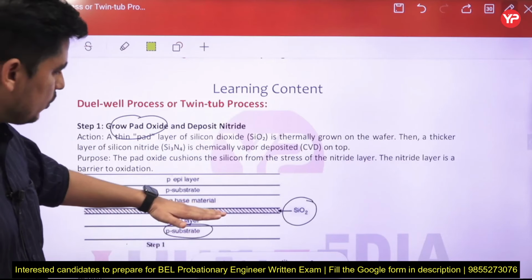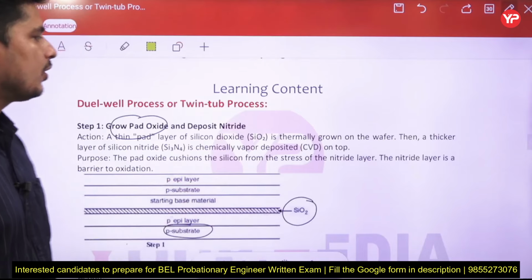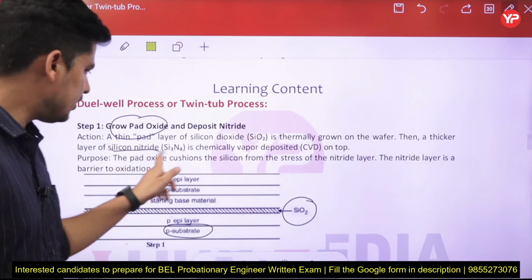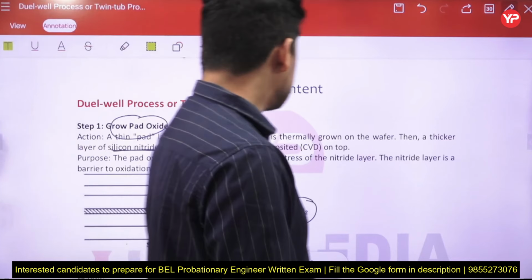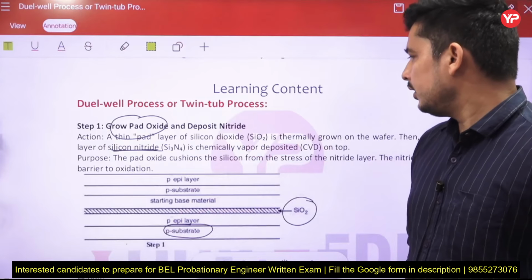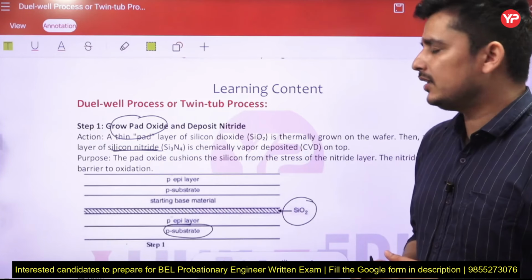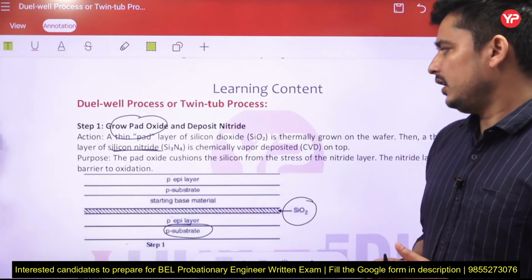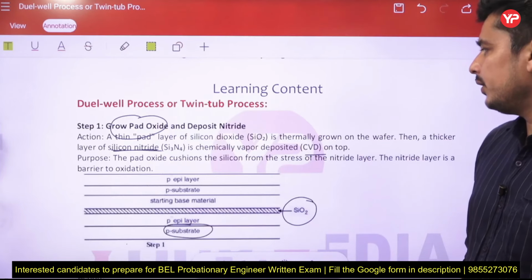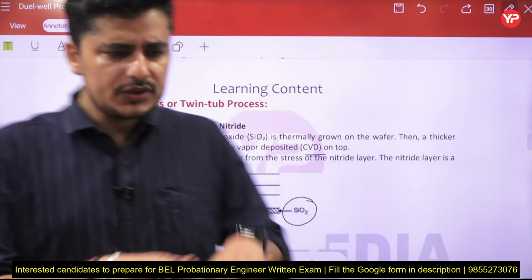Above this SiO2 layer, we grow a layer of Si3N4, silicon nitride, by the method called CVD, chemical vapor deposition, on the top.